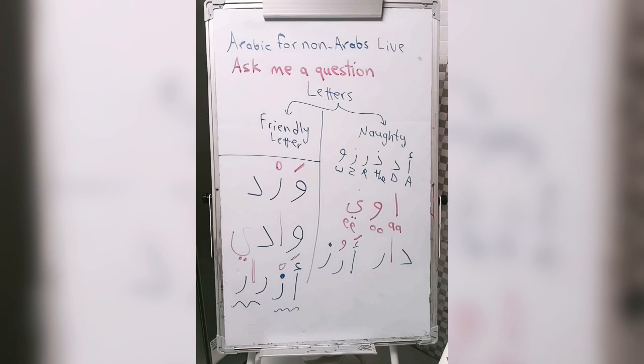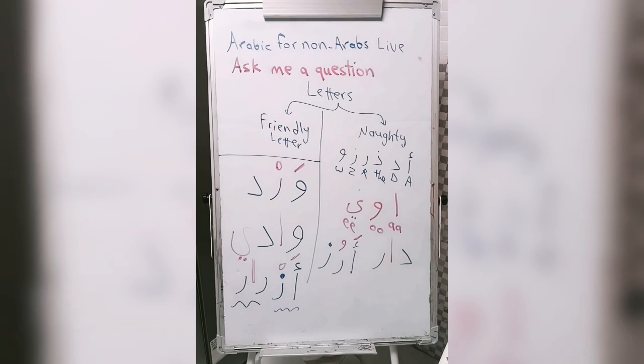Then rar is another word, because if it has nothing on top, it means it's silent. This means I can remove this one, but now I understand this letter is a consonant, like silent.